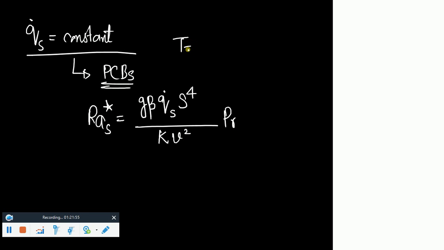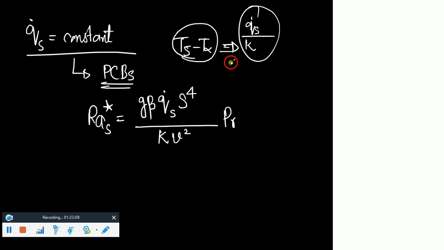You see that Ts minus T infinity has been replaced by Q dot S over k, isn't it? So here the Rayleigh number would be equal to g beta Q dot S, S raised to power 4 over k nu squared. This k is the thermal conductivity.